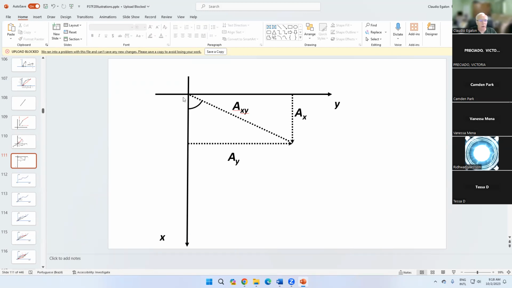The z-axis is right in here, pointing toward your face. And I will label this angle. You know what? I'm going to put alpha. That's easier to write.